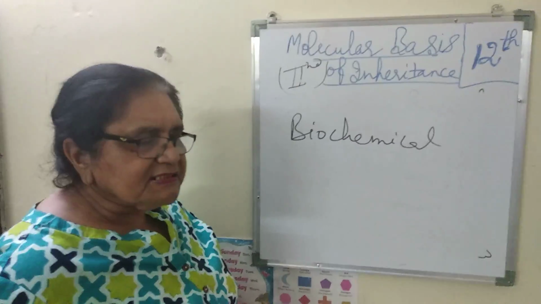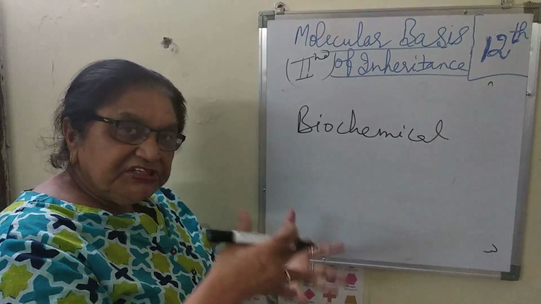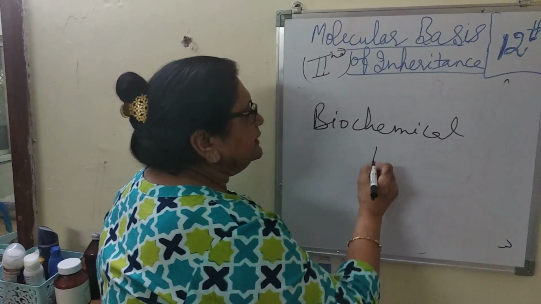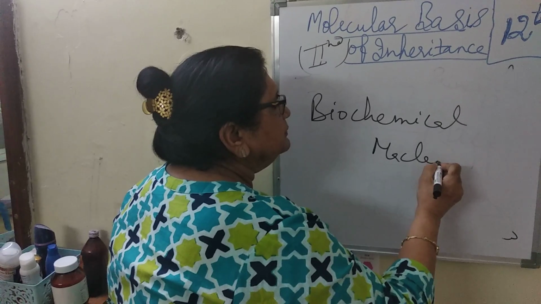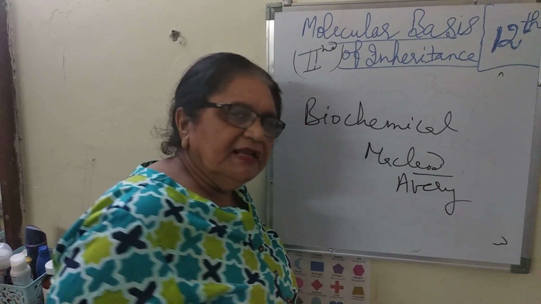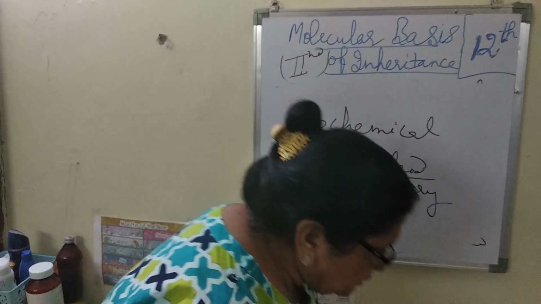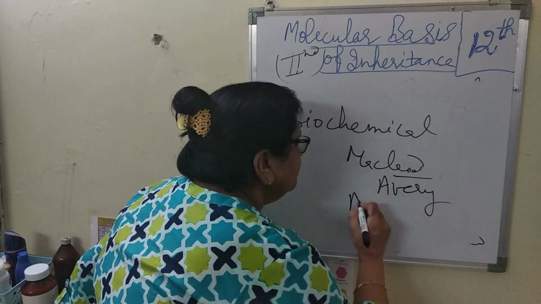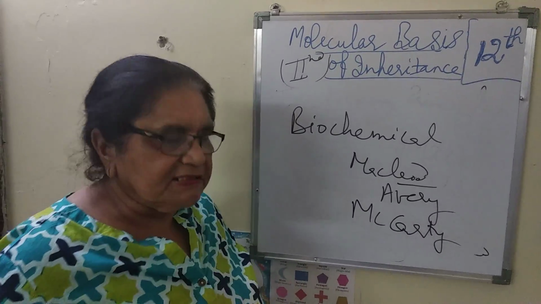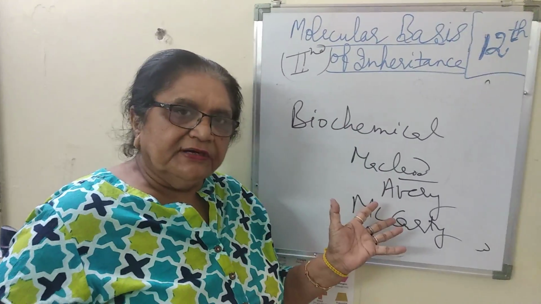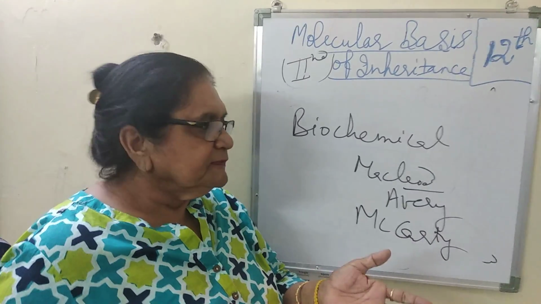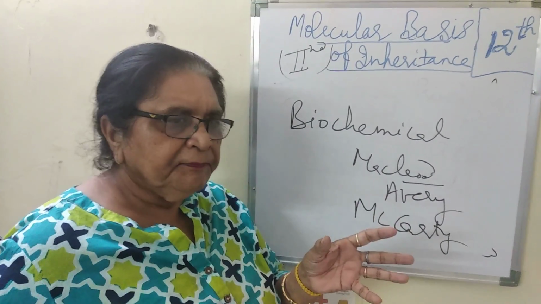A number of scientists discovered again which thing is special and is transferred from one to the other. The scientists were MacLeod, Avery, McCarty. You can learn the names given in NCERT, so be careful of the spelling of the scientists' names. What they did was take the biochemicals of this material.